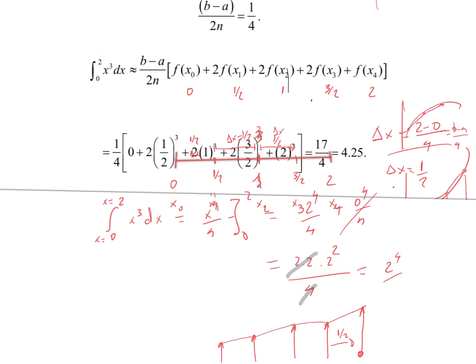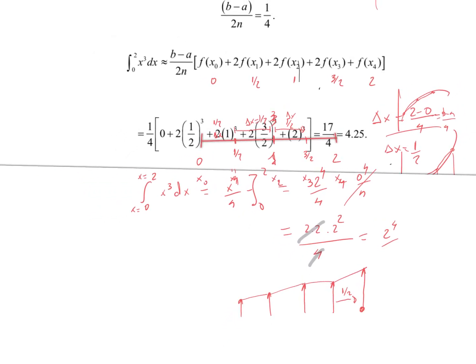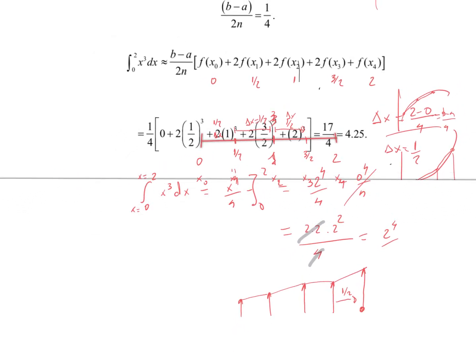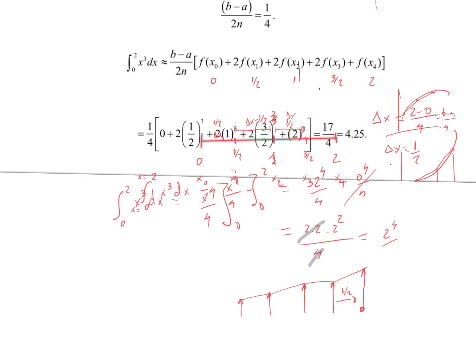Of course, you can also compute the exact area between 0 and 2. Let's do it. The exact area between 0 and 2 of x cubed dx will be x to the 4 divided by 4, the antiderivative, evaluated between 0 and 2.